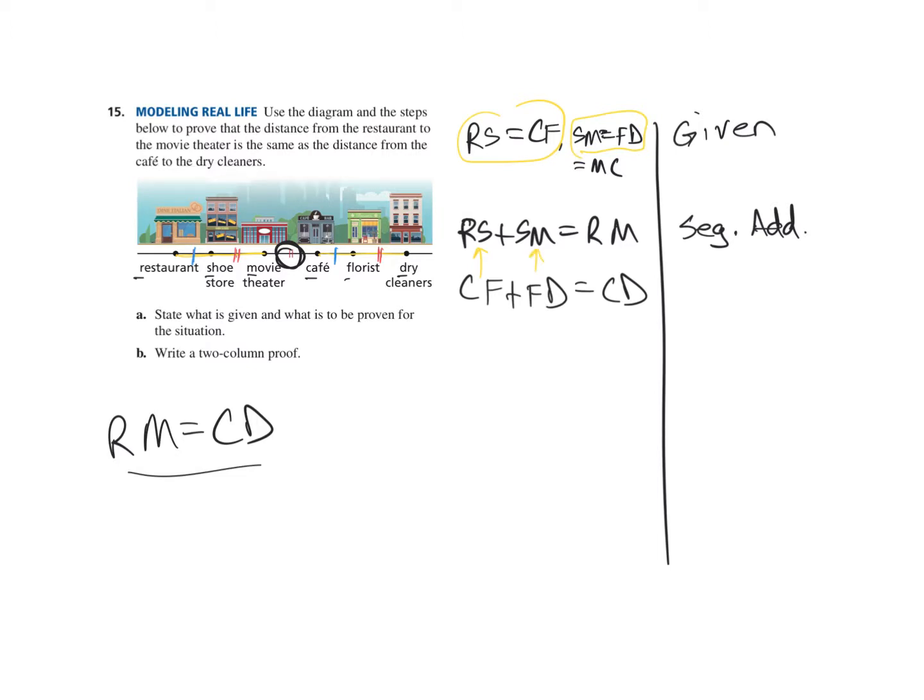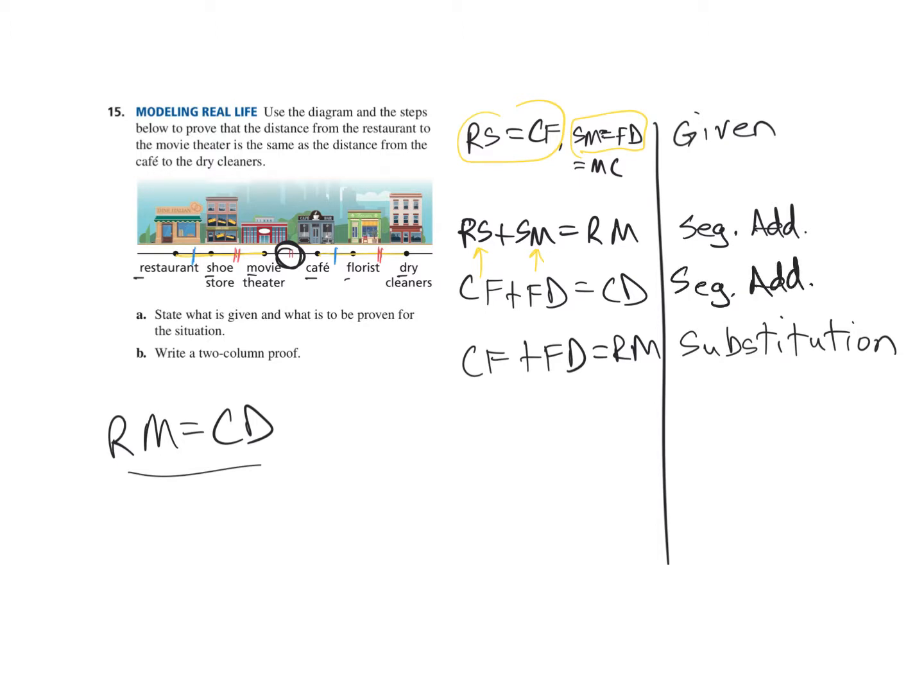So we're kind of doing two steps at once here. We can say that CF plus FD is equal to RM. If we do both of those at the same time, that's substitution. Oh, and I forgot to write segment addition here.